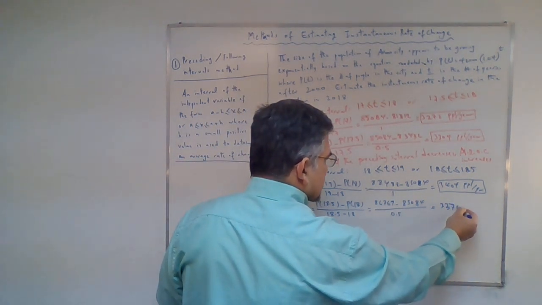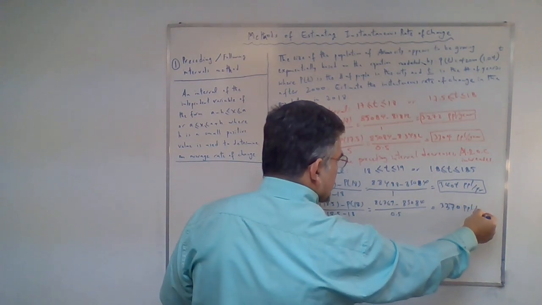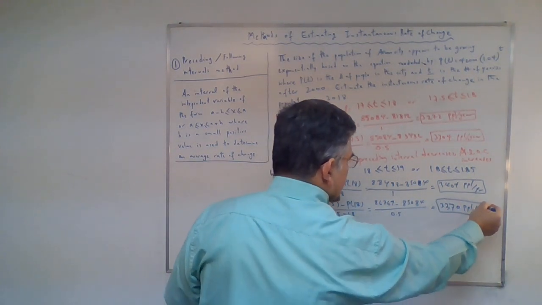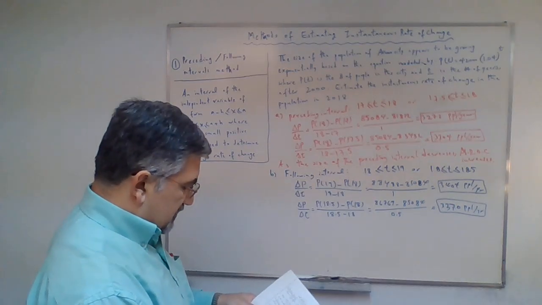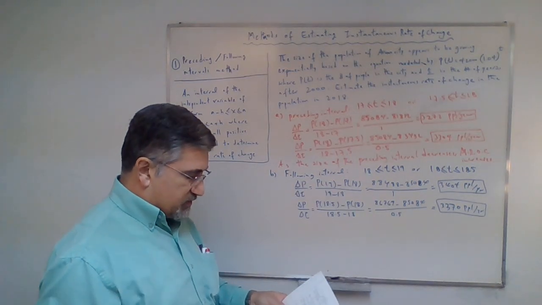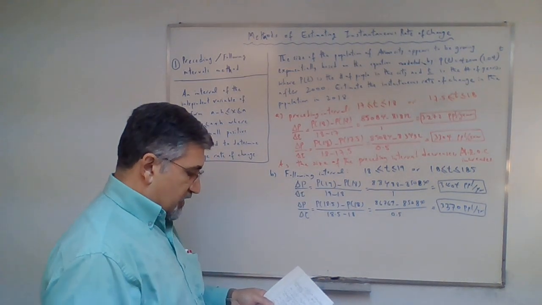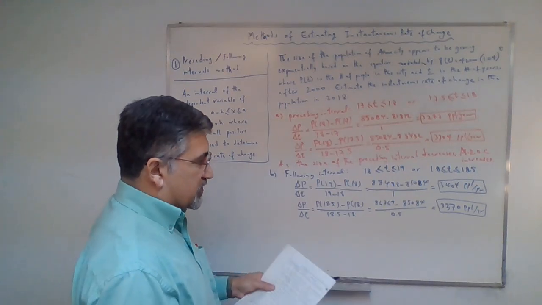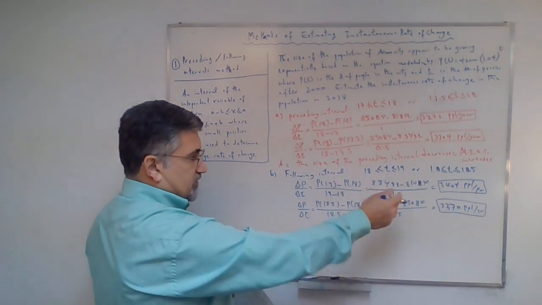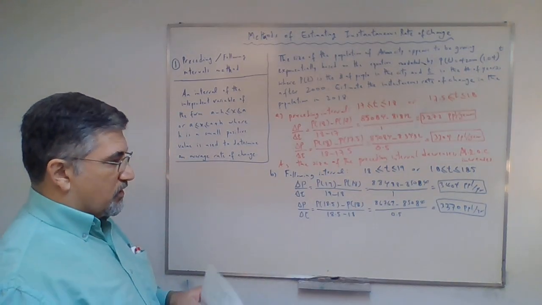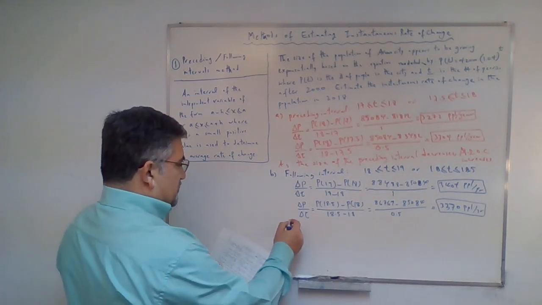So 3,370 people per year is the average rate of change that we calculate. So now, in this case, as the size of the following interval decreases, the average rate of change decreases as well, because from 3,400 we went down to 3,370. So that's the observation here.